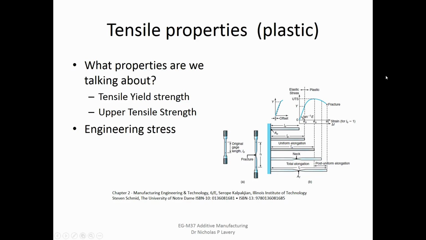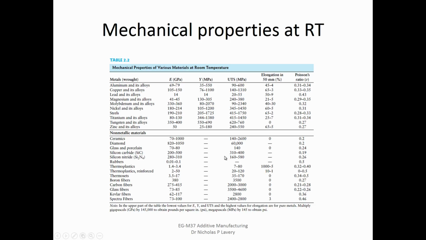What we're looking to get here primarily is the yield strength, the upper tensile strength, and then the elongation to fracture, which is an indication of the ductility of the material. So those three things are what we would normally quote a particular material by in terms of the tensile properties.